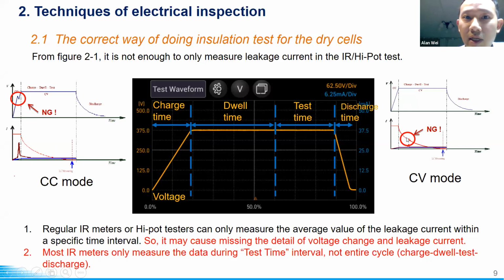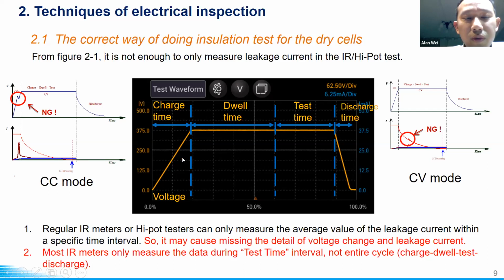Can they detect anything? The regular IR meter or hipot tester can only measure the average value of the leakage current within a specific time interval, so it may miss the details of voltage change and leakage current.